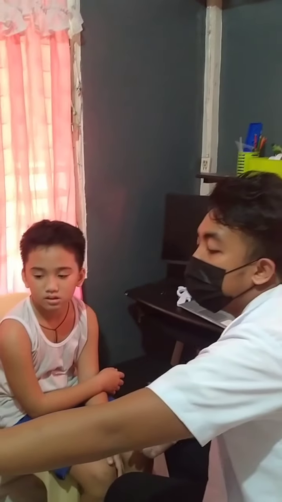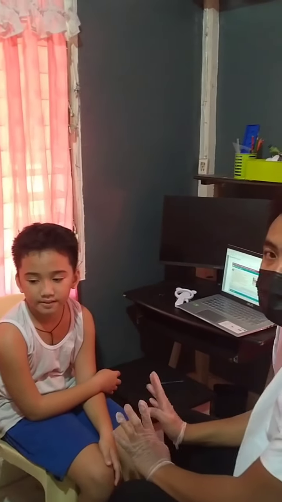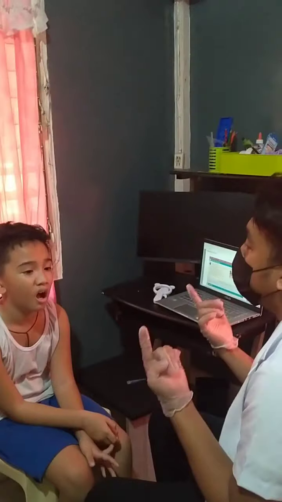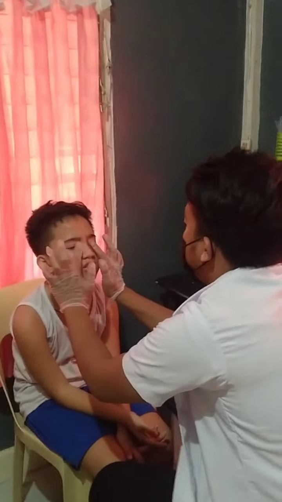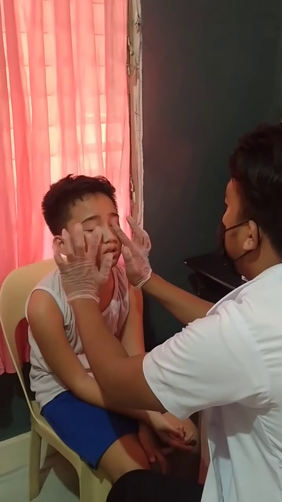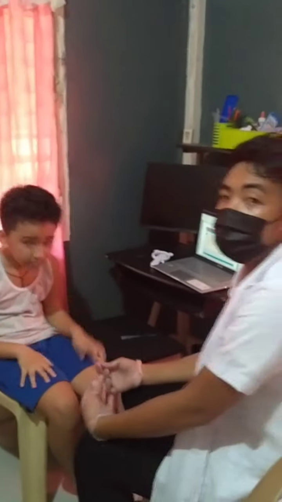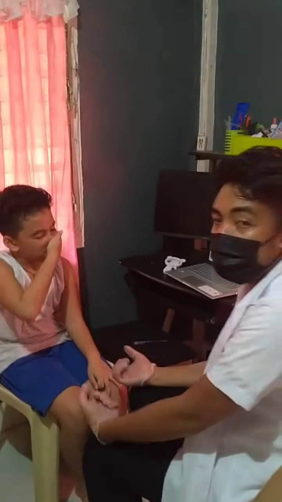Alright, so in assessing the blinking reflex, we'll brush our index finger on the patient's eyelashes for both eyes and note for blinking. So positive corneal reflex and blinking reflex.